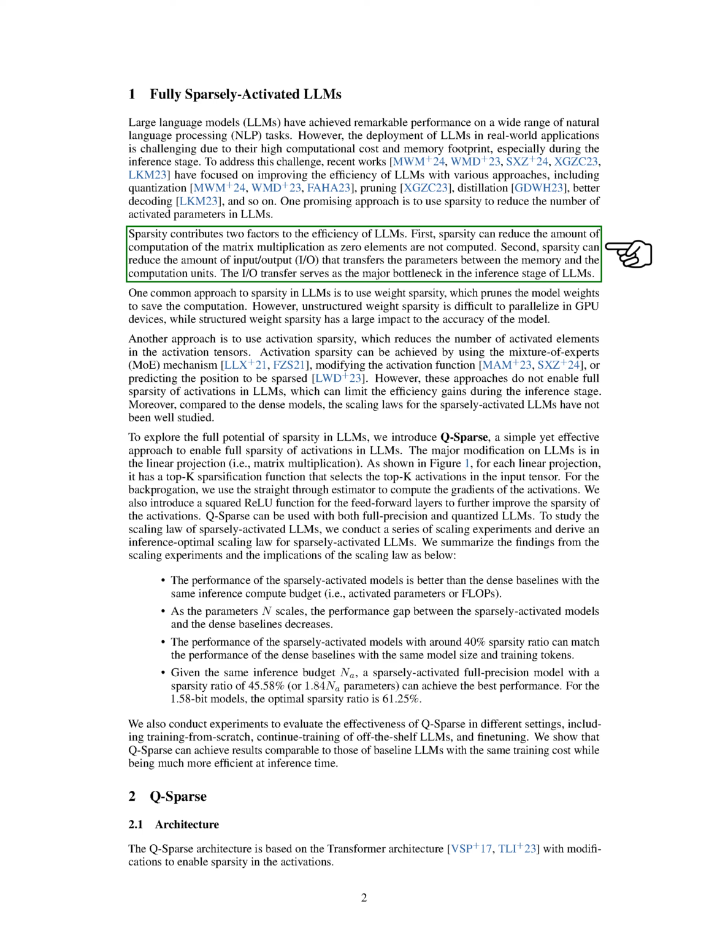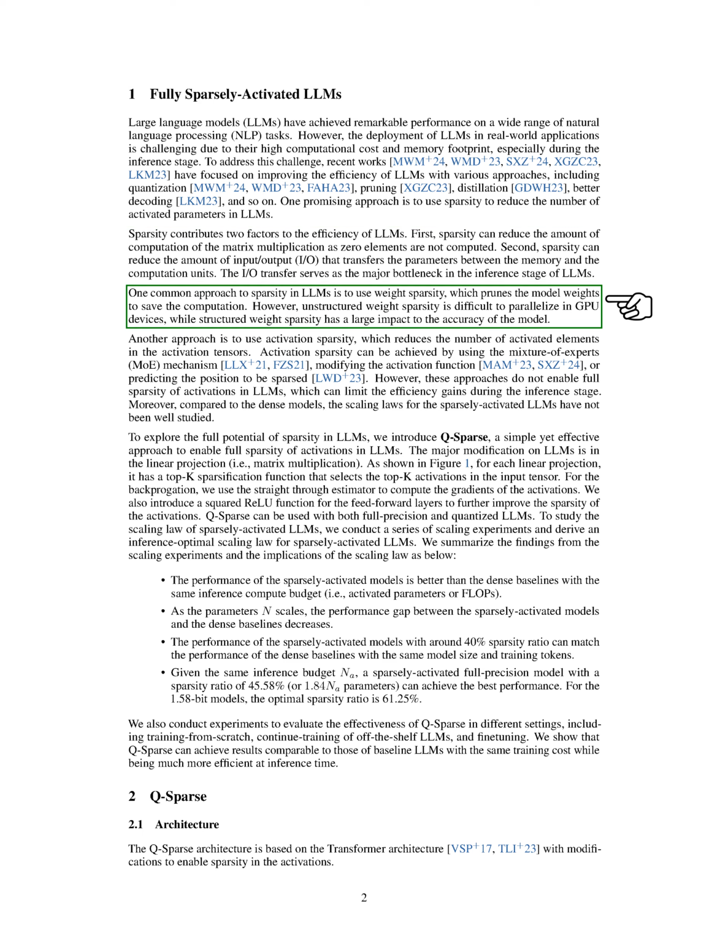bottleneck during inference. A common method for achieving sparsity in LLMs is through weight sparsity, which involves pruning model weights to save on computation. However, we find that unstructured weight sparsity is challenging to parallelize on GPU devices, while structured weight sparsity can significantly affect model accuracy.